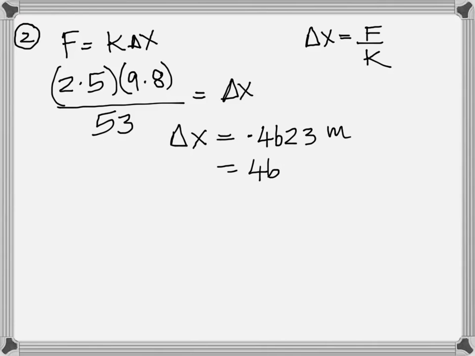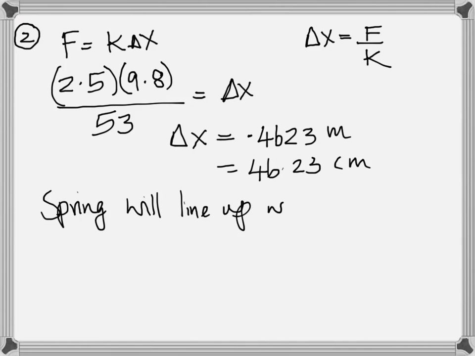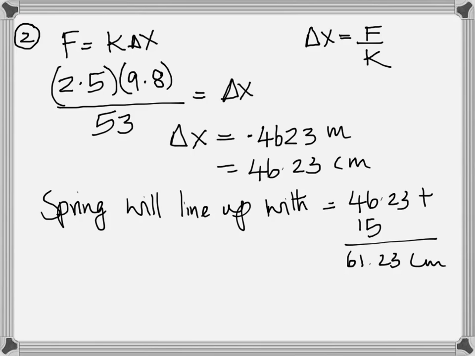And once you get the extension of the spring, that's in meters, so I've changed it into centimeters. And then, since it was originally at the 15 centimeter mark, add 46.23 to that to find where it will line up now. So that's 61.23 centimeters.